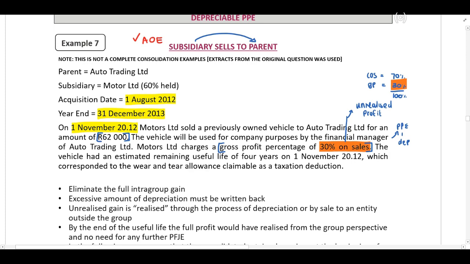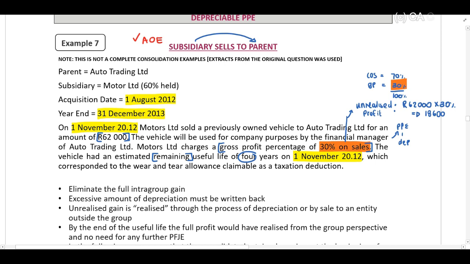Therefore, to calculate our unrealized profit, it will be the 62,000 times 30%. This will be 18,600.